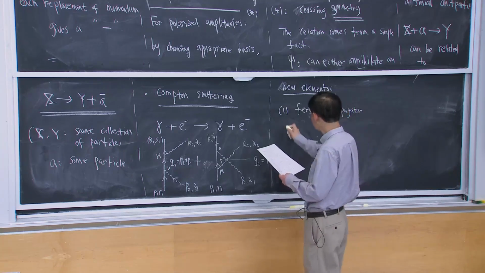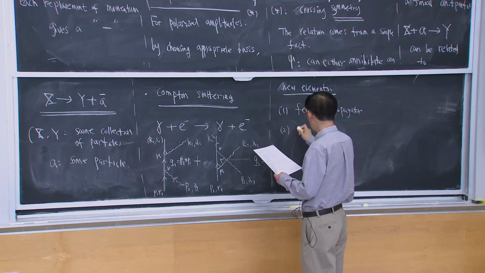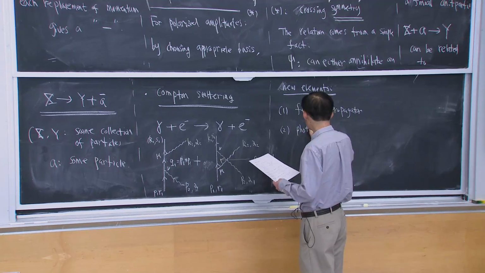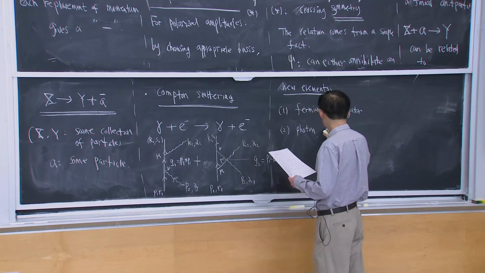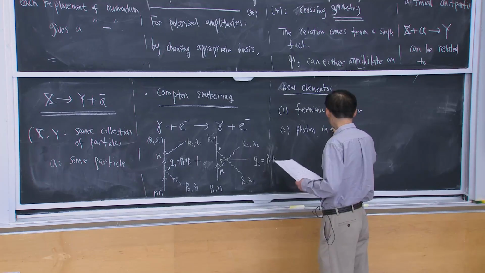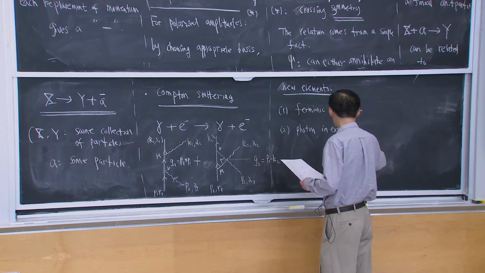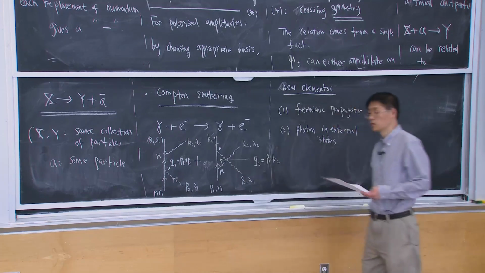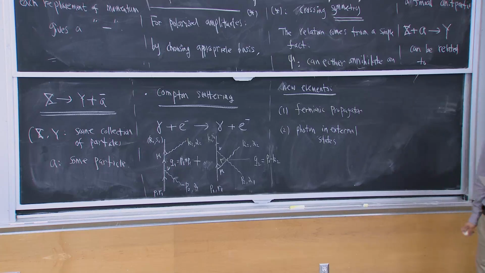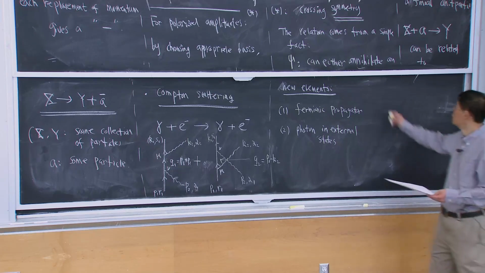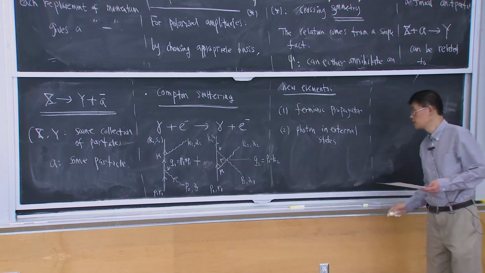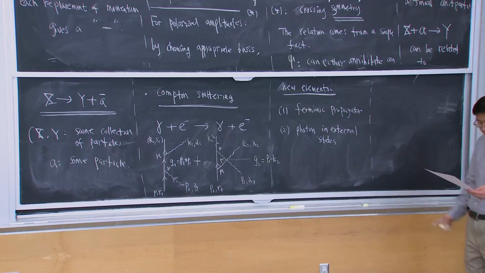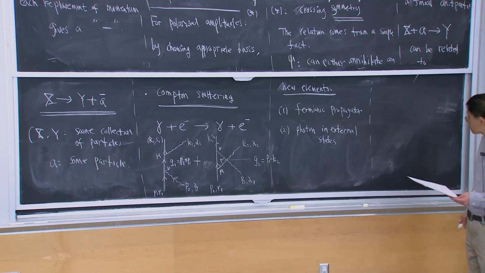Okay. And the second new element is that now we have photons in the external states. Okay, so this is a new element compared to the e plus e minus example. But still, using our previous rules, we can immediately write down the amplitude.